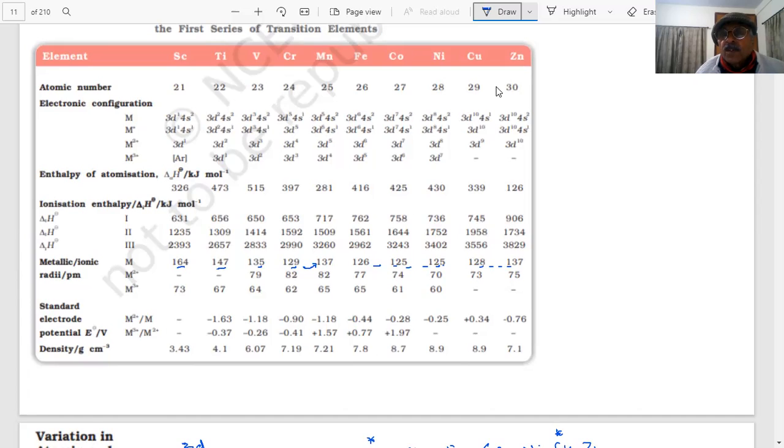What is the trend in the atomic radii? Metallic radii decreased, not increased.